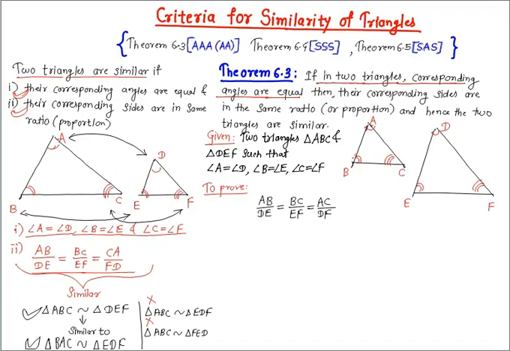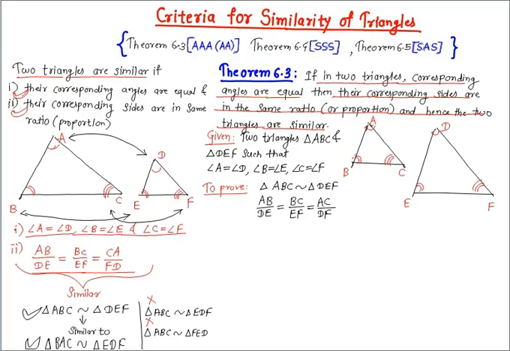Read the rest of the statement. Their corresponding sides are in the same ratio or proportion, and hence the two triangles are similar. Let's write the same in the to prove section. Triangle ABC similar to triangle DEF.